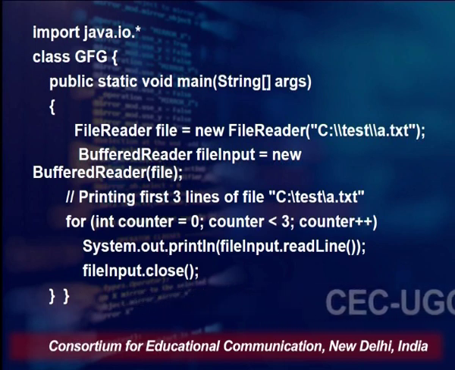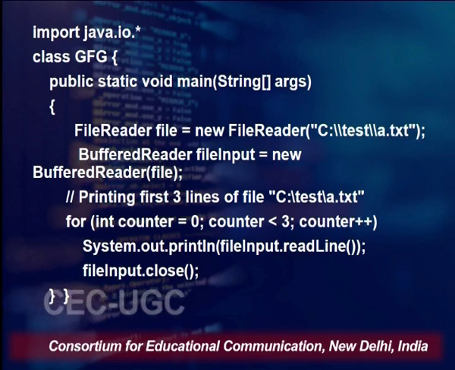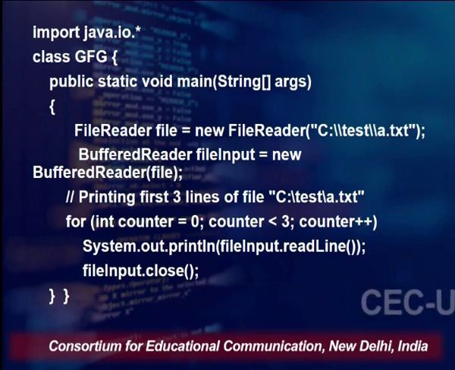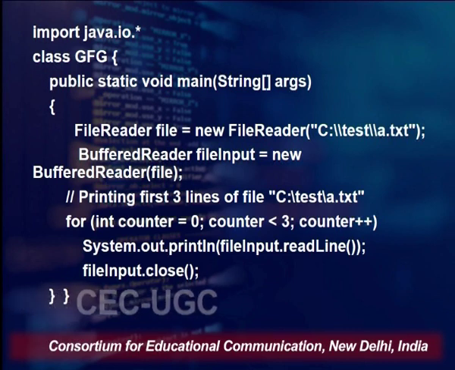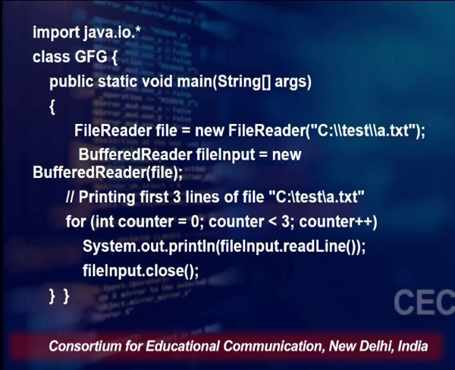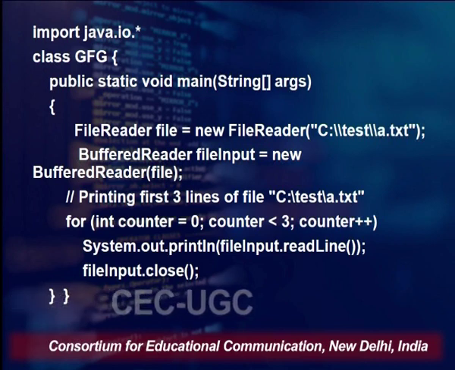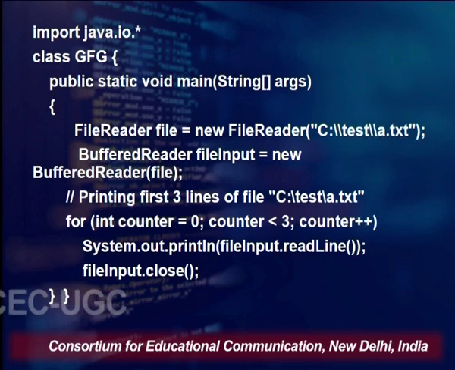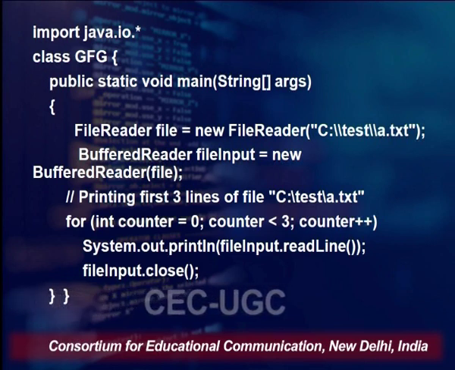Now in this program, what are we trying to do? We are trying to read a particular file, not the whole file, but only 3 lines of this particular file. For that we create an object of the class FileReader: FileReader file equals new FileReader, and within the brackets you define the whole path of the file from which you need to read.